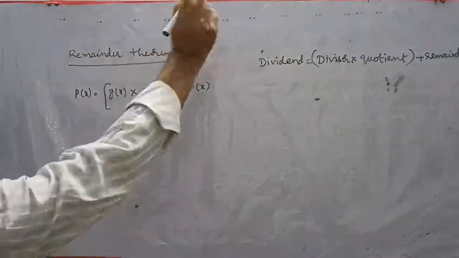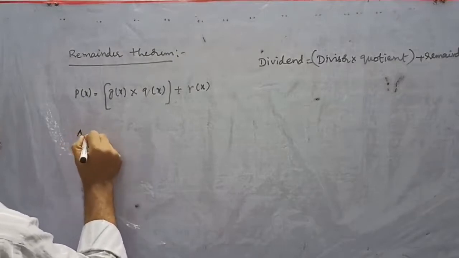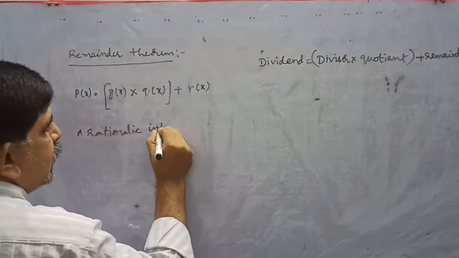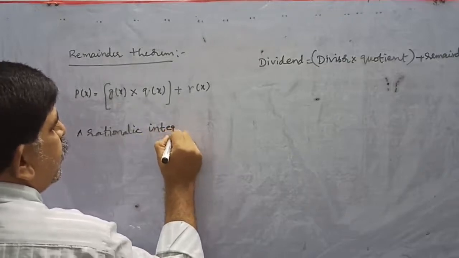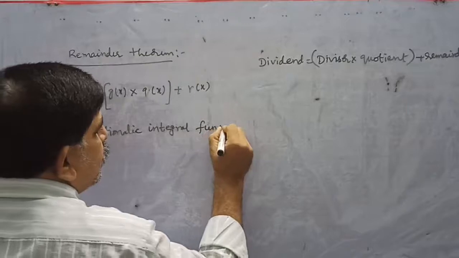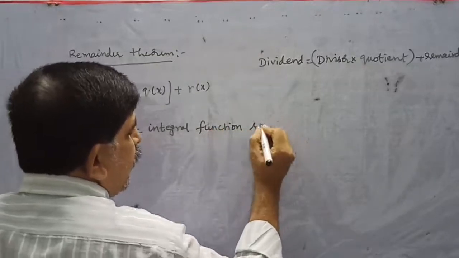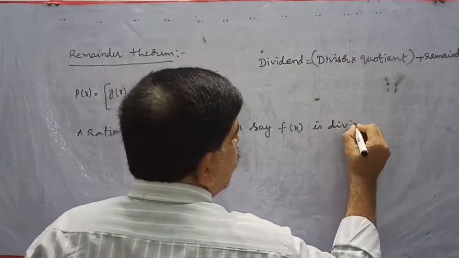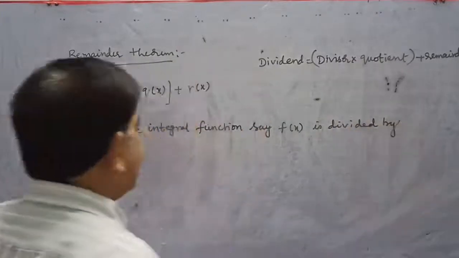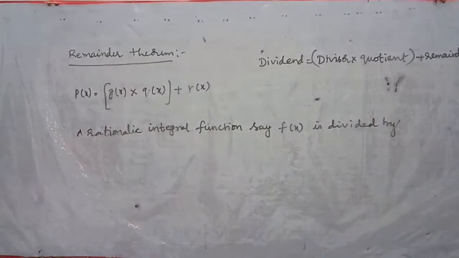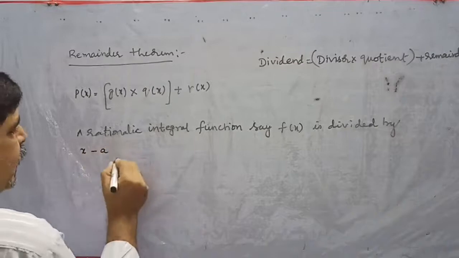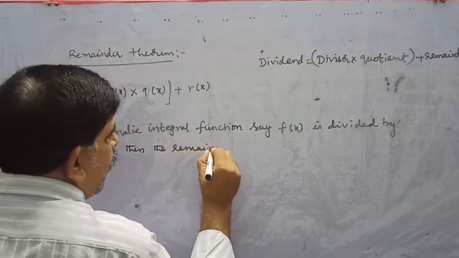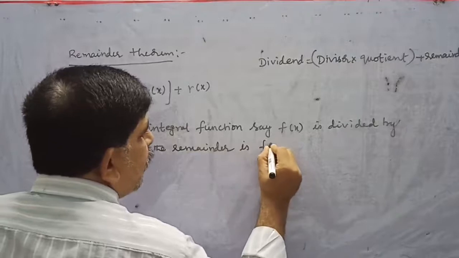Let us suppose a rational integral function, say f of x, is divided by x minus a, then the remainder is f of a.